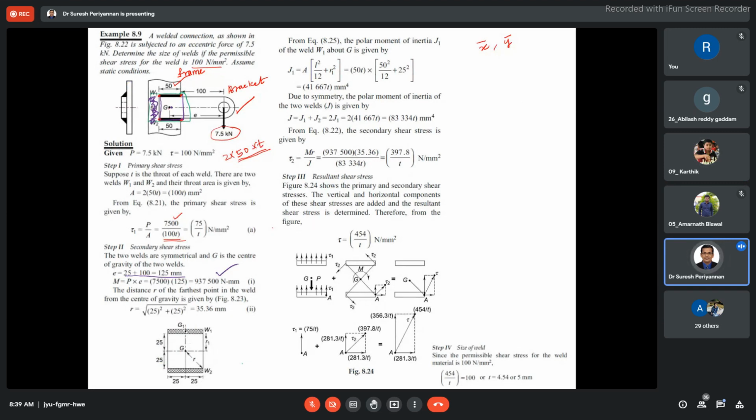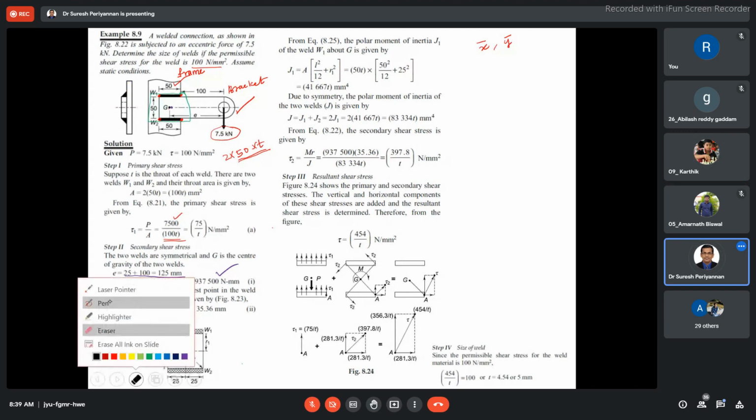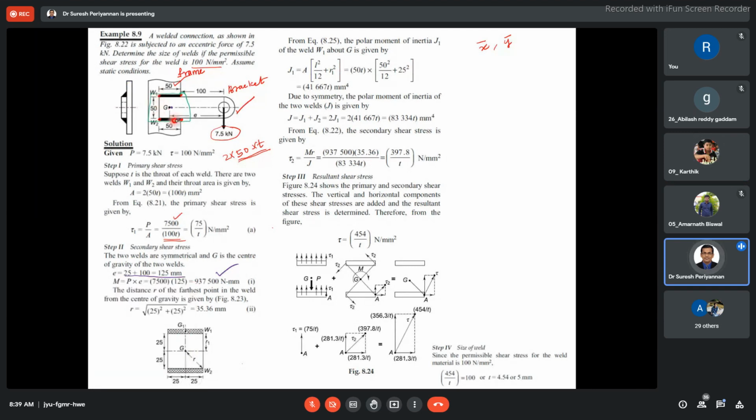Your question is valid, because you are thinking about why we shouldn't consider the corner region. Only where our welded region is located, that region is going to hold our bracket. Hence, I'm considering that only. Okay, sir. Thank you.